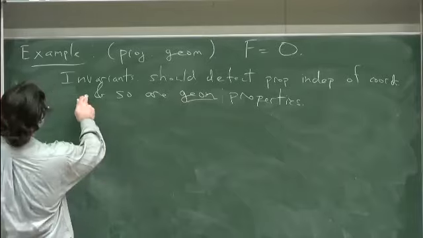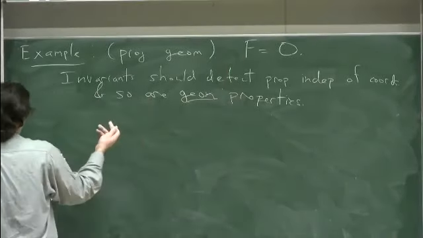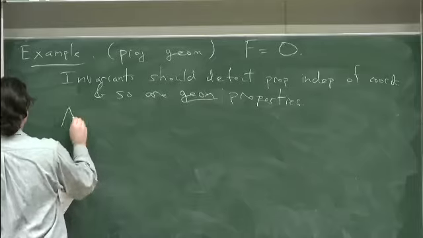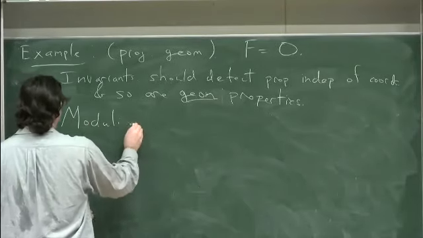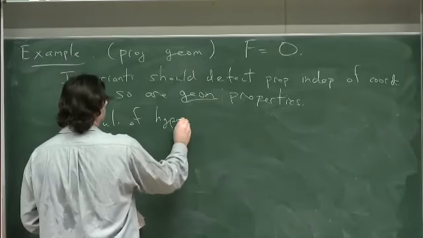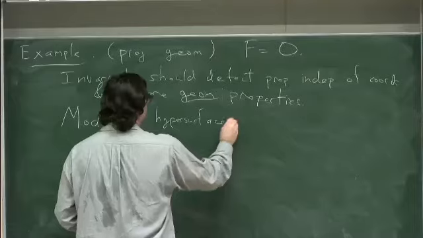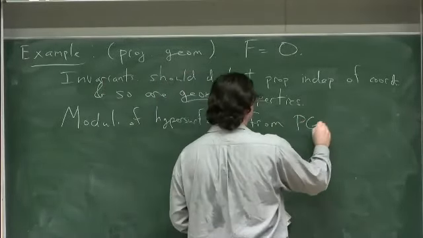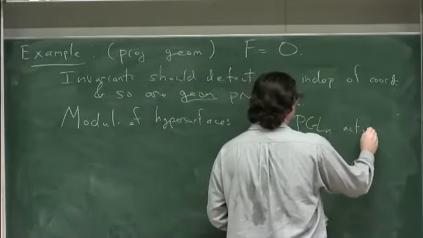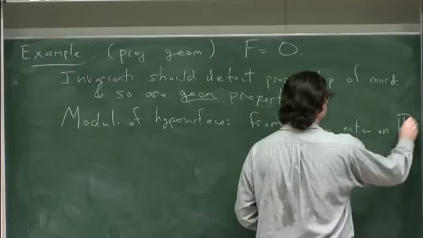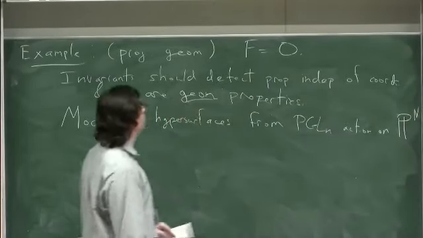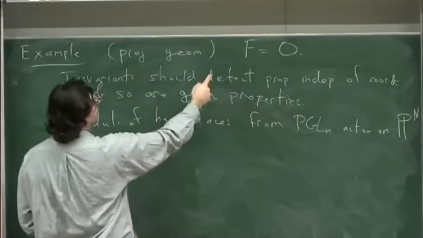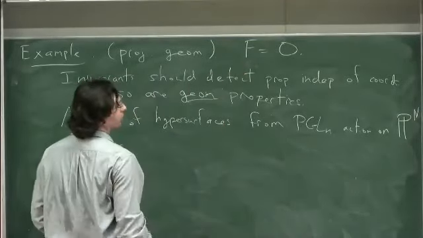Sticking to this for the moment, you get the first classical example of a moduli problem in algebraic geometry. So moduli of hypersurfaces comes from a PGL_N action on some large enough projective space, where the dimension of the projective space depends on the number of coefficients defining your generic f in whatever smaller projective space you use.